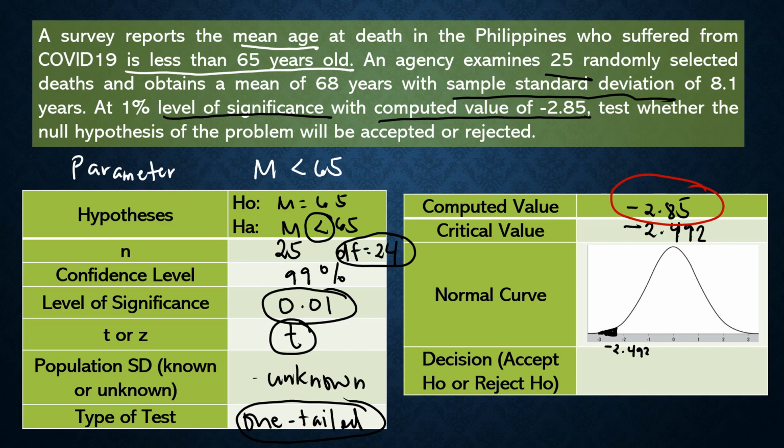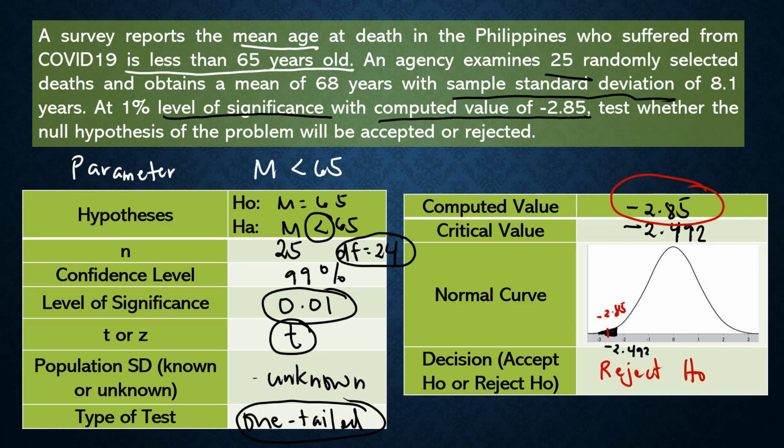So if we plot the computed value, it will fall here, negative 2.85. As you can see, the computed value falls on the shaded part. Since it falls on the shaded part, we already know that that is the rejection region. So therefore, we're going to reject the null hypothesis.